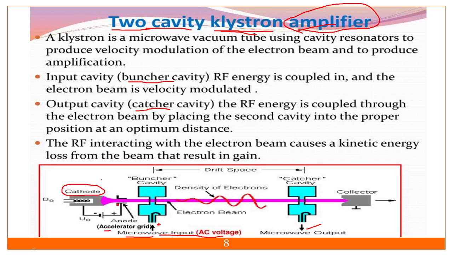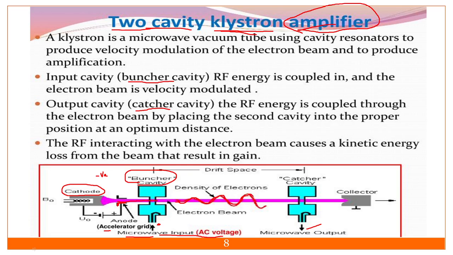Electrons have negative polarity and are accelerated by the anode. The accelerated electrons get bunched by the buncher cavity. The bunching of electrons is carried out by the buncher cavity, and the structure of the electrons is like this.